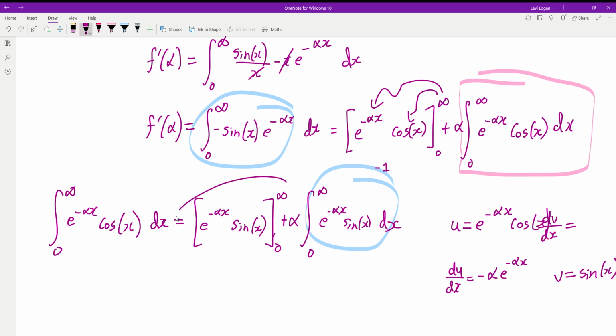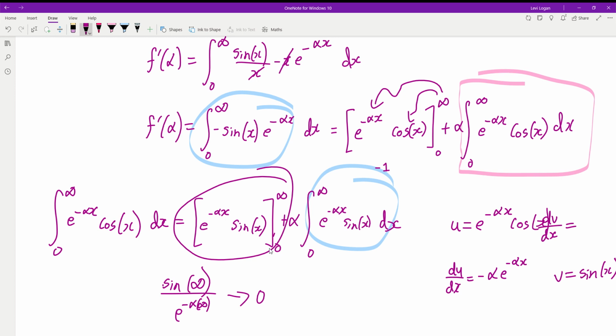Now, we've got to work out what this is going to be. If you put sine of infinity in here, that's going to oscillate. But if you put infinity down here, you're going to get 0. So this whole term will go to 0, because this number will get very large, and 1 or negative 1 over a really large number approaches 0.